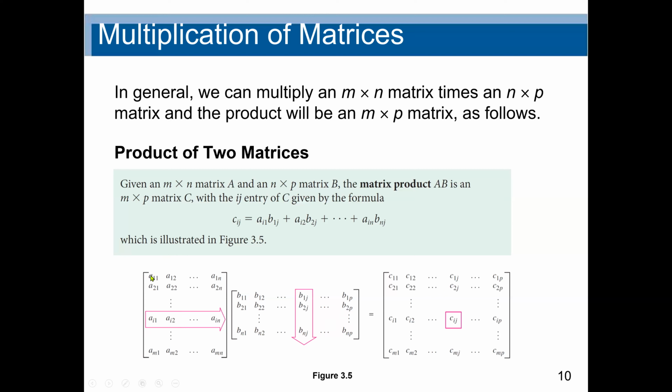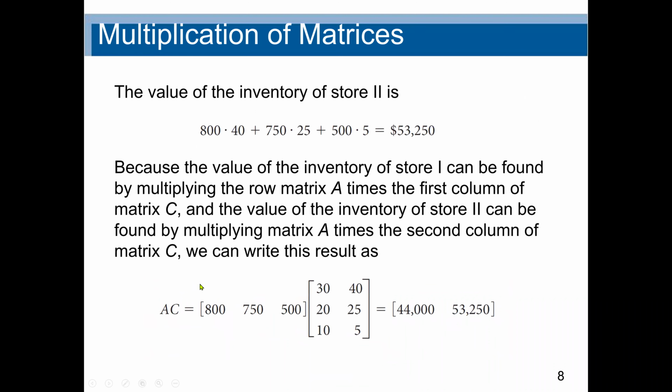I will take A11 times B11 plus A12 times B21, plus, so you keep going until you reach the end. And again, we're going to do an example. When we finish, same as we did previously, let's go back here one more time.